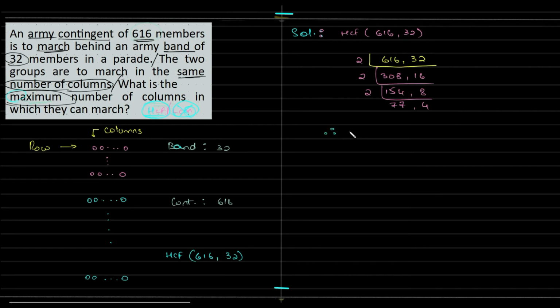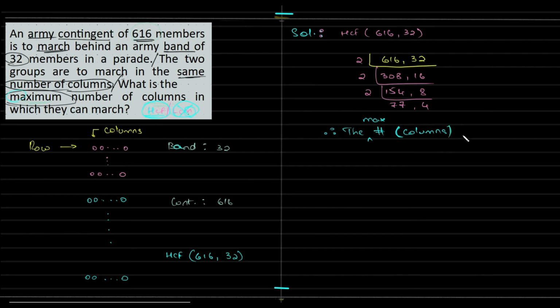Therefore, the maximum number of columns, let me use brackets. I want you to use shortcuts. Of course, hashtag, I don't know if your teacher will be okay, but brackets at least are okay.